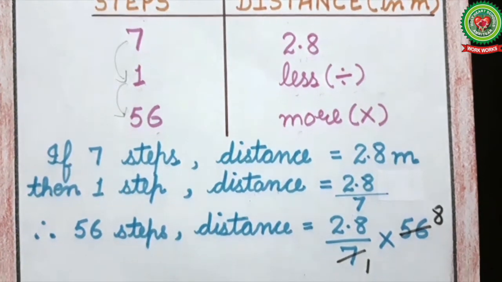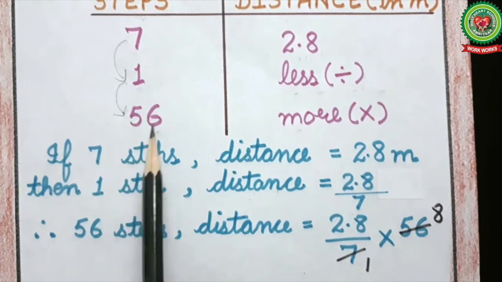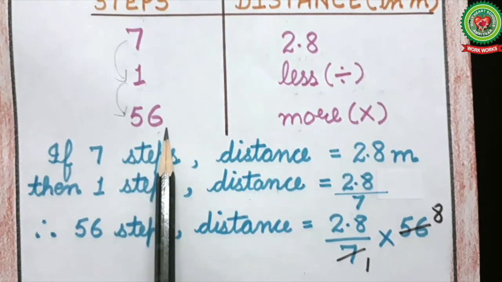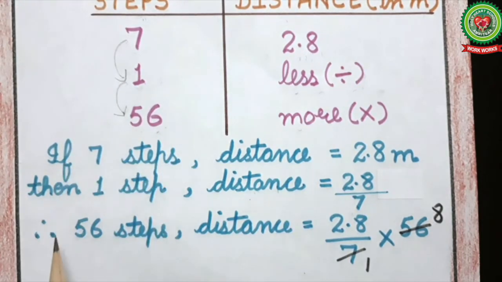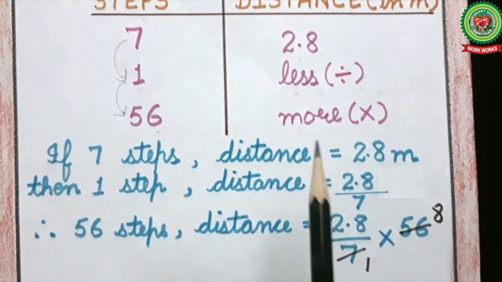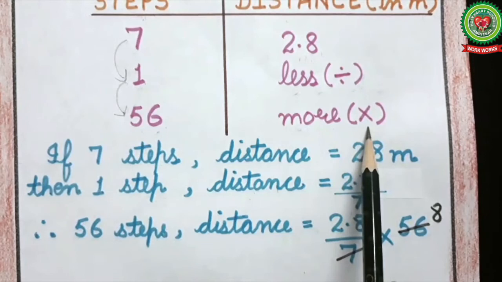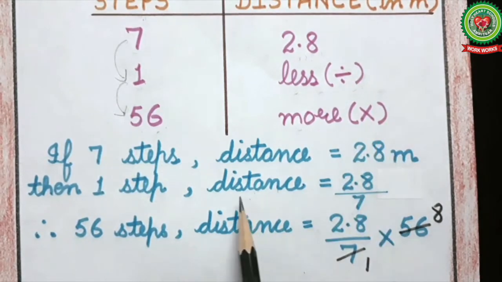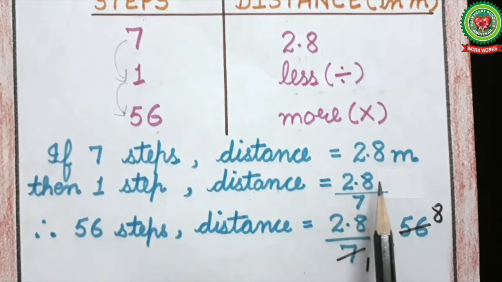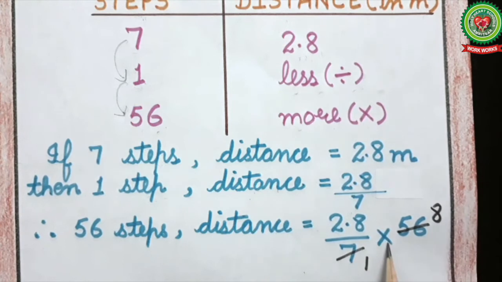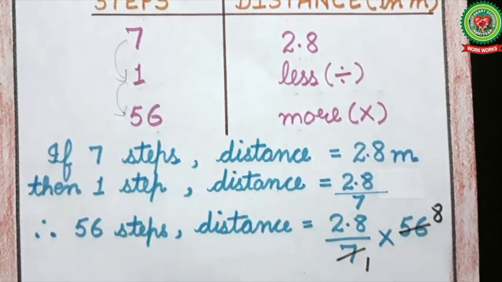Now after that we need to find the distance for 56 steps. Therefore, 56 steps distance we will get by multiplying distance of 1 step into number of steps. Distance of 1 step is 2.8 by 7 multiplied by 56.